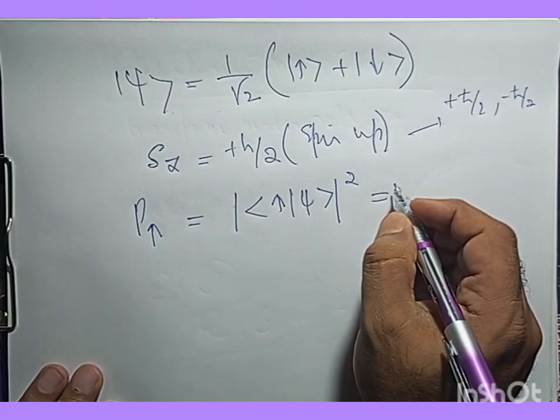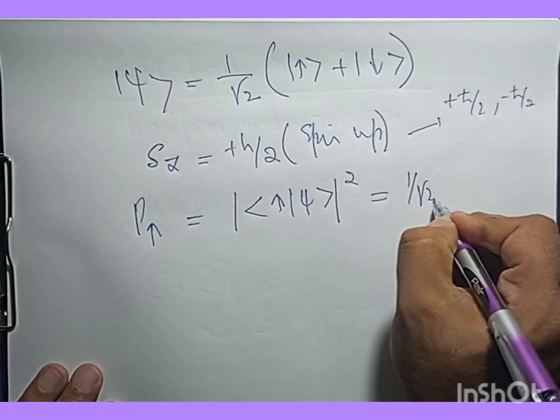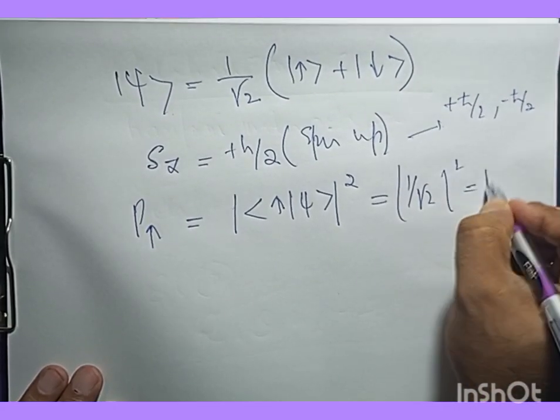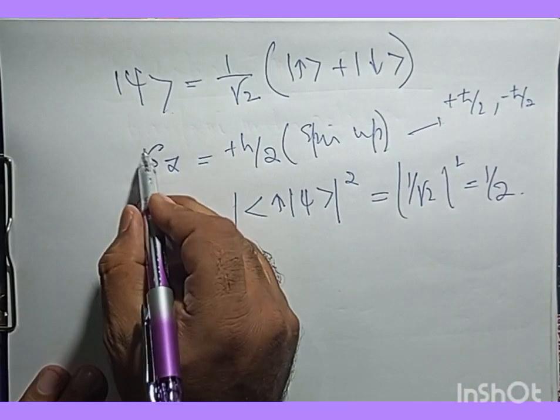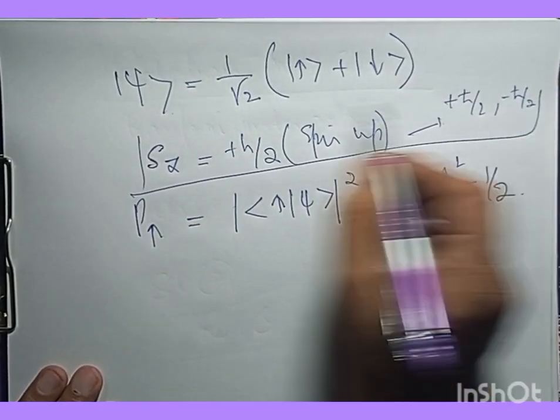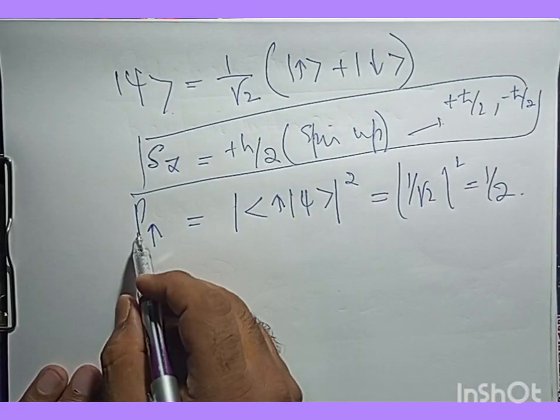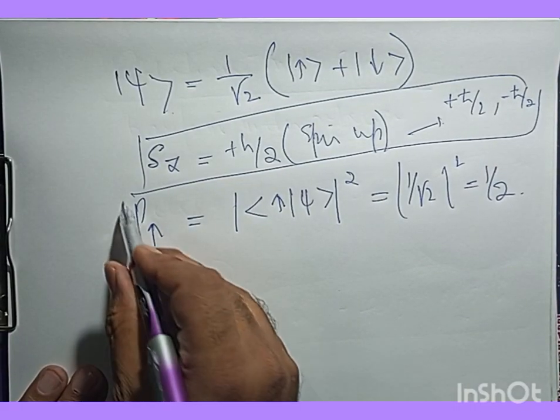So what is it going to give us? It's going to give us 1 by under root 2 whole square, which is equal to 1 by 2. Now this is the probability of finding the spin up state.